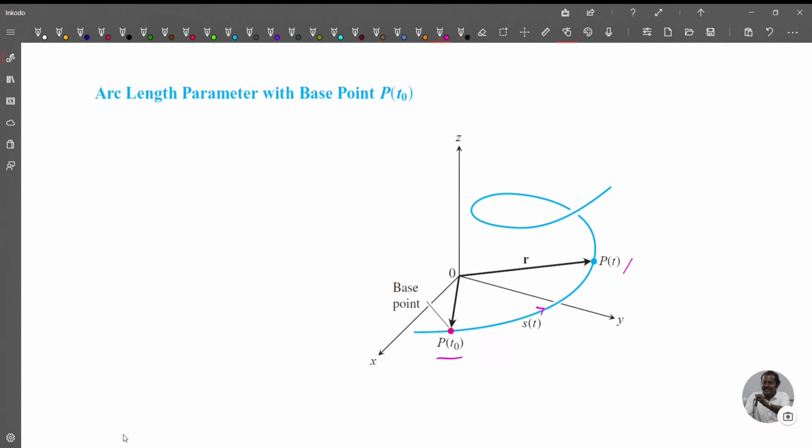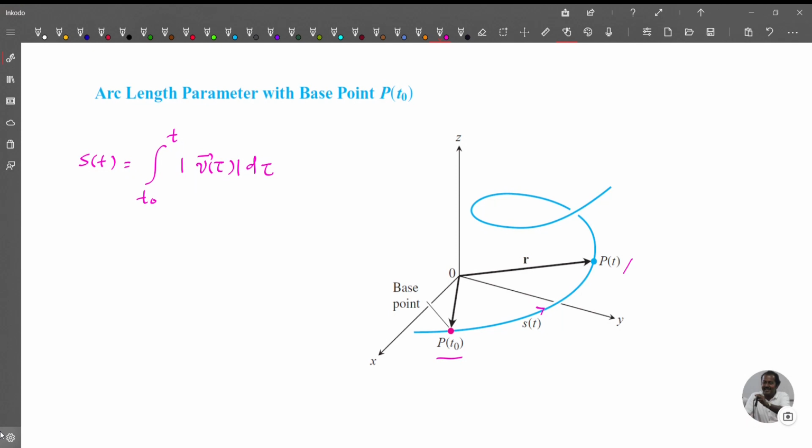So it is actually the directed distance from P of t naught to P of t along the curve r of t. From the figure we have s of t is equal to integral t naught to t modulus of v of tau d tau. Since the upper limit is t, we take the variable as tau.